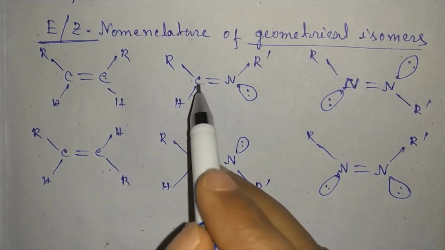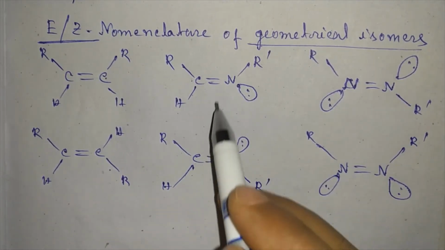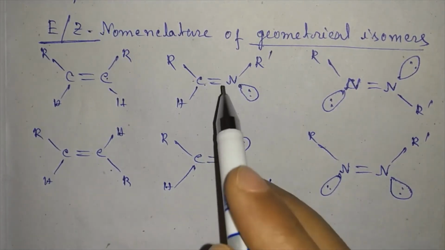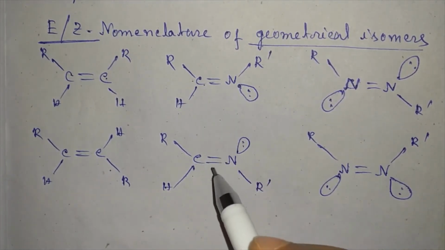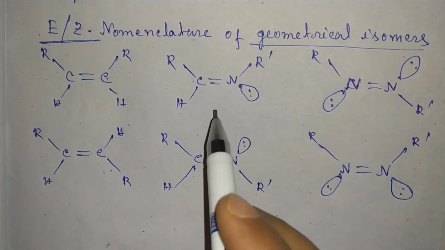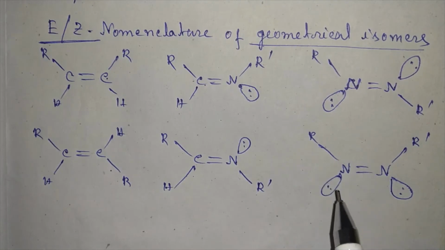In all these cases the rotation is not possible around the C=N or N=N bond. So the interconversion between these two is not possible by simple rotation along the C=N bond. So these two isomers are called geometrical isomers.